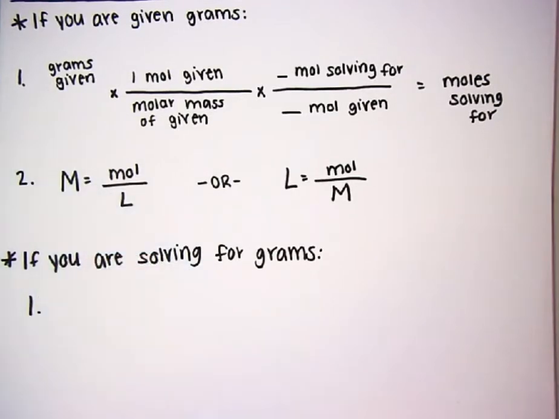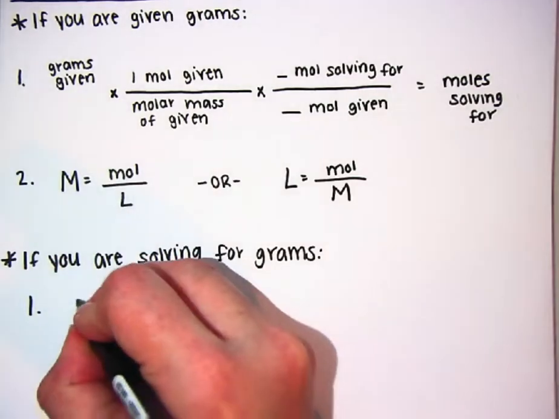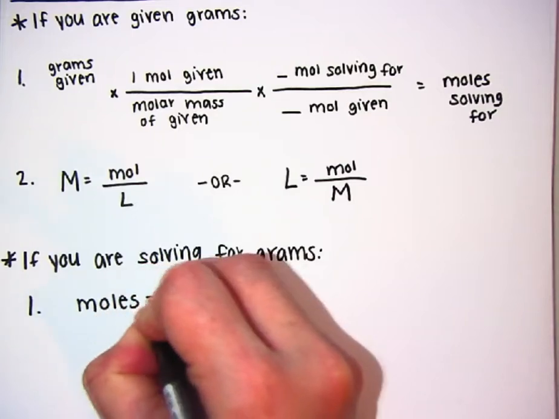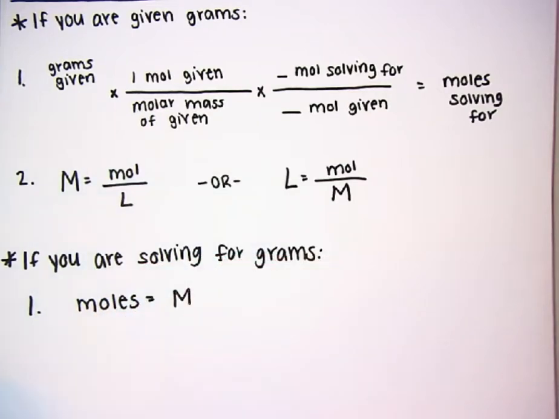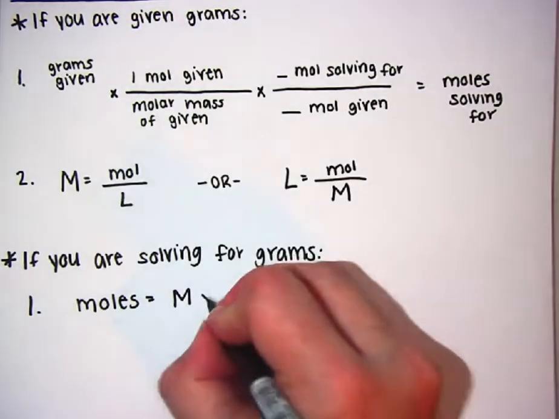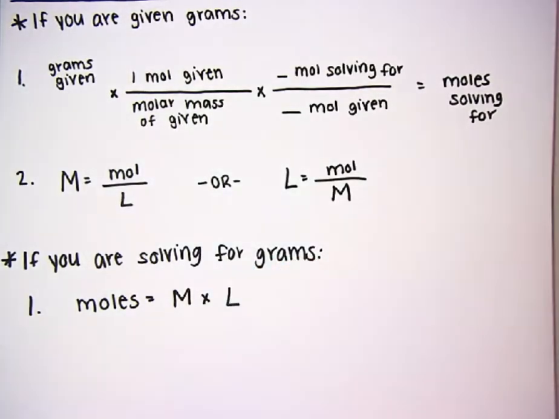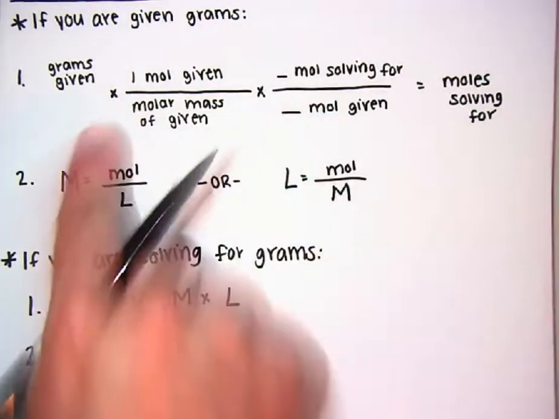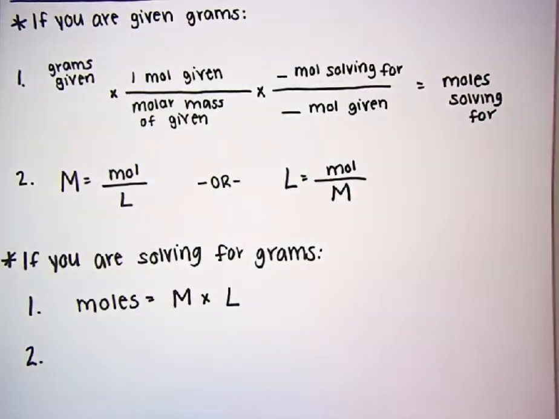So step number 1, we are going to solve for moles. Moles are equal to molarity times liters. Now step 2, we're going to plug it into our conversion factor, into our conversion, and we are going to solve.